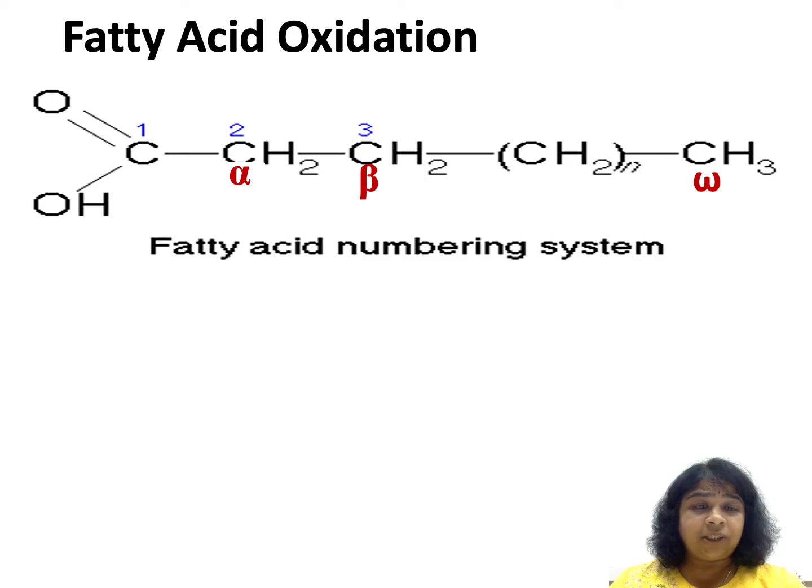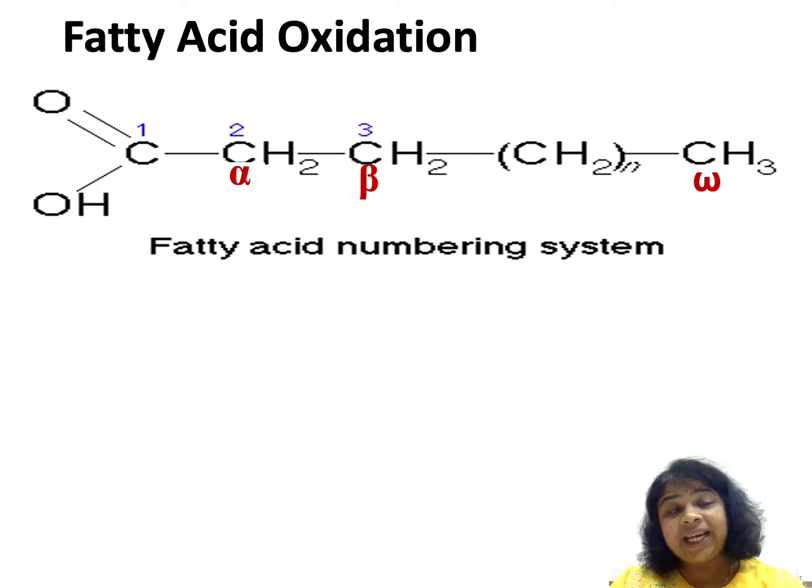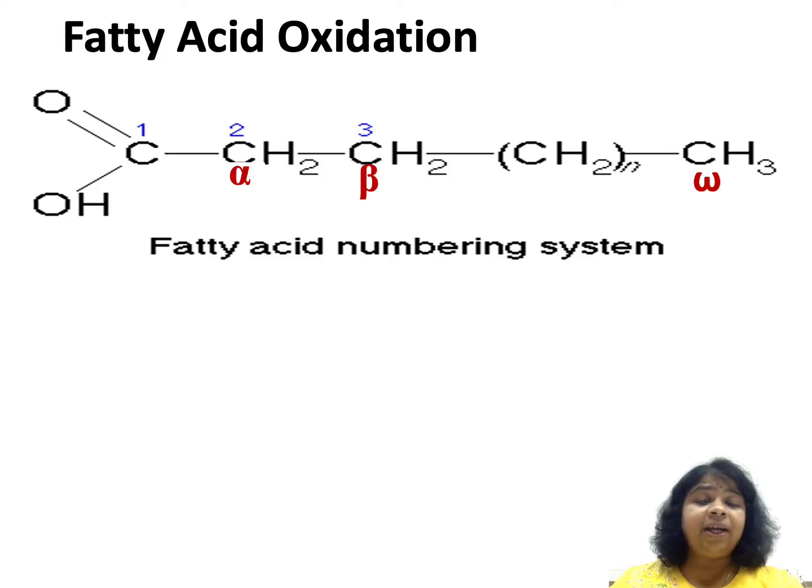Before we start oxidation, one small look at the chemistry of these fatty acids. As you know, there is a carboxyl end and a methyl end for these fatty acids. From the carboxyl end, the first carbon atom is the alpha carbon atom, the second carbon from the carboxyl group is the beta carbon atom, and the methyl group has the omega carbon atom.